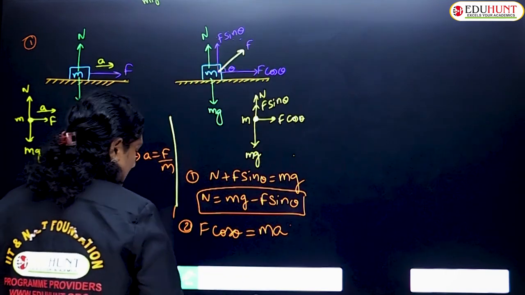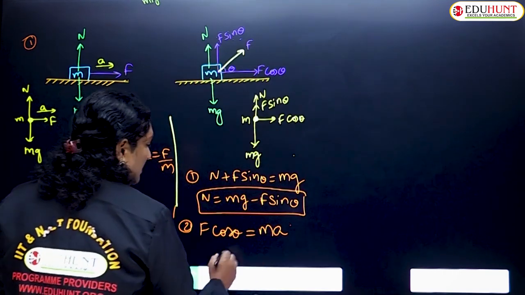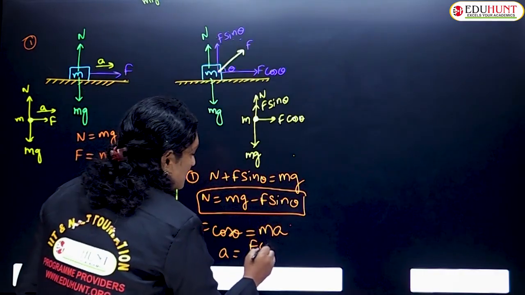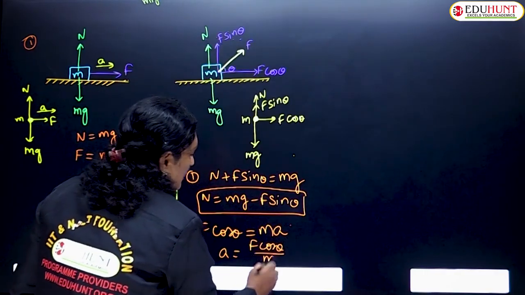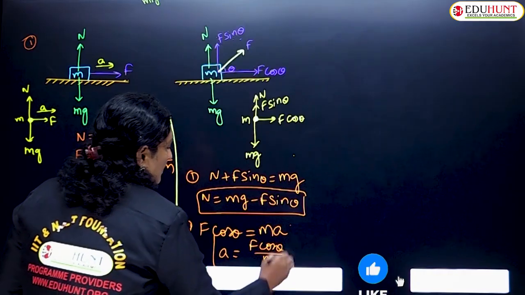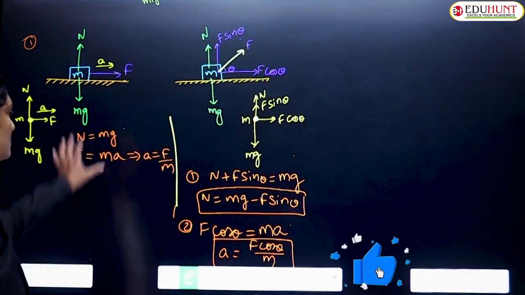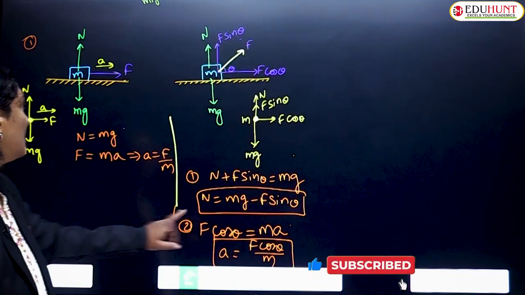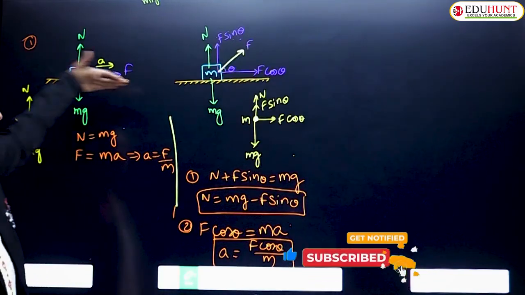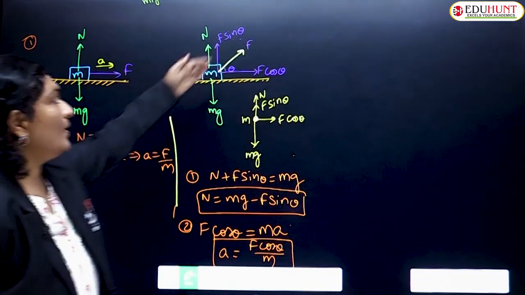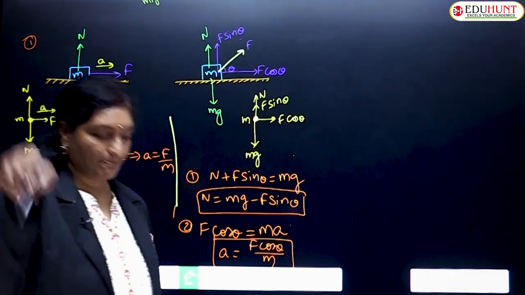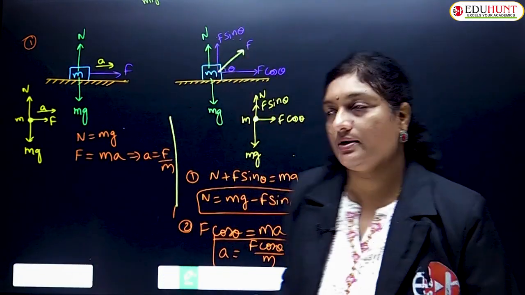So F cos theta must be equal to ma, or a can be written as F cos theta upon m. So this first condition is slightly different from the second condition, because in the first condition force is applied horizontally, whereas in the second condition a pulling force is applied at an angle theta with the horizontal.